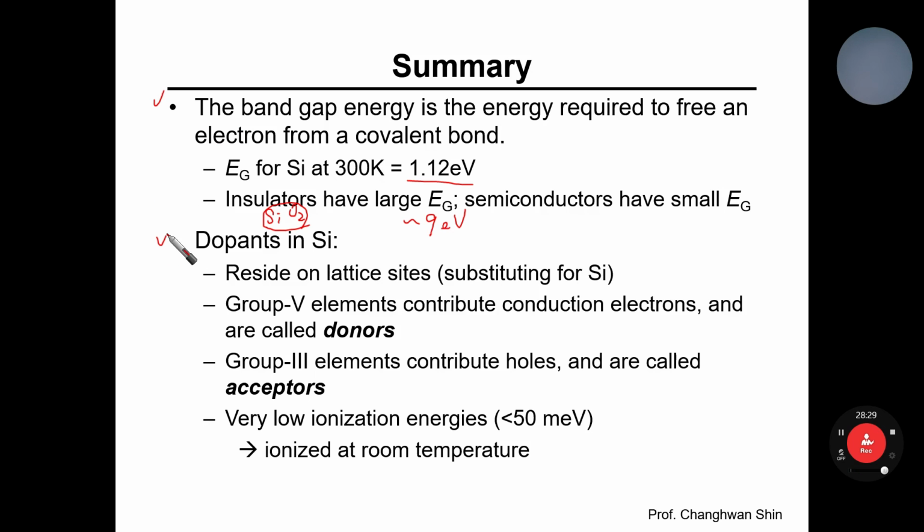And the second theme of this lecture note was dopant atoms in silicon. The basic meaning of dopant is that it should reside on a lattice site. In other words, the silicon atom is substituted with dopant atoms. The reason why I'm saying this again is, let's take a look at this situation.